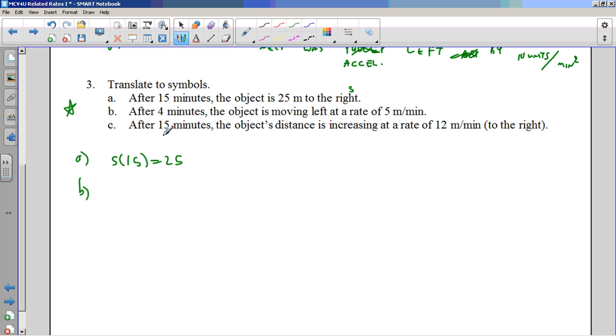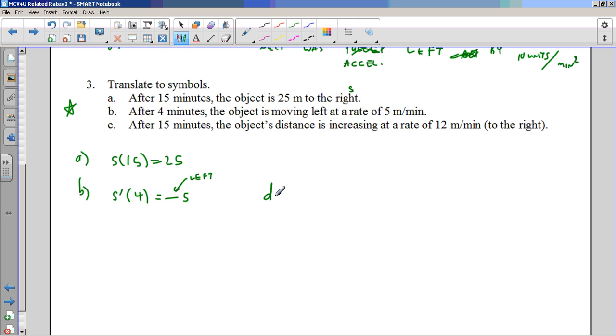So what's B? After 4 minutes, so this is t equals 4, the object is moving left at a rate of 5 meters per minute. Moving left. So that means the first derivative, the velocity, after 4 minutes, is moving left at 5 meters per minute. Right? Left is negative. By the way, I want to sprinkle in the Leibniz notation.